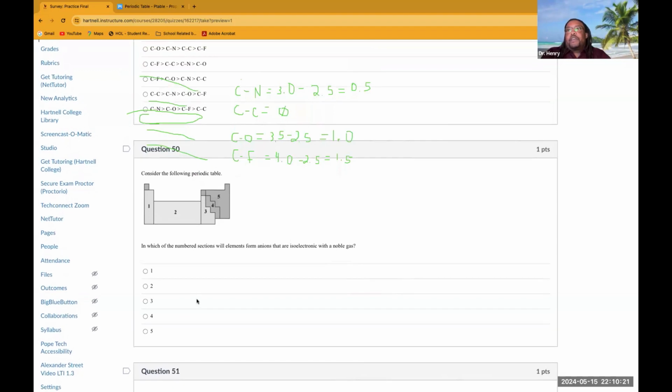It says, considering the following periodic table, in which of the numbered sections will the element form anions that are isoelectronic to the noble gases? That would be all of our non-metals except for the noble gases. So that is correct.